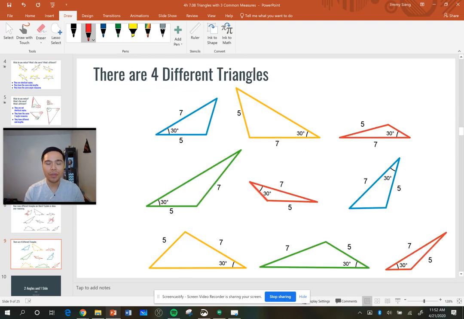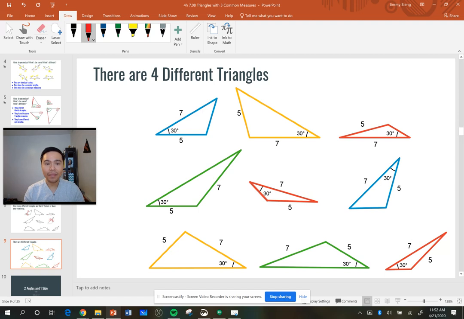Again, if I show you, look at the colors. So we have 4 different triangles. We have the blue ones, which have the 7 and 5 and the 30 degrees in between. Okay. The yellow ones, look at the yellow ones. We have a 5 and 7 on the side there, right? Those numbers are over there. But on the other part, there's an angle there, okay? Same thing with the green and same with the red.